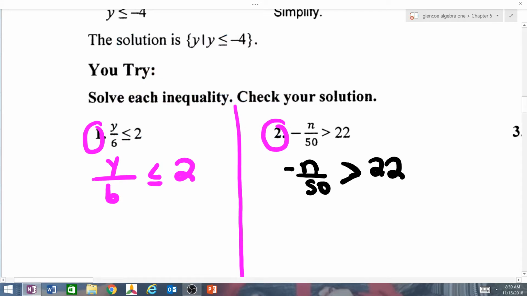What should I do on number 1 to both sides of that inequality? Anybody have a suggestion? Multiply by 6. Multiply both sides by 6, and what's your final answer?